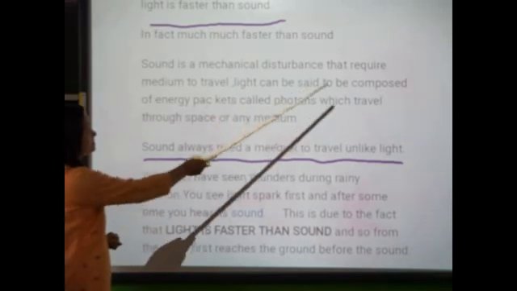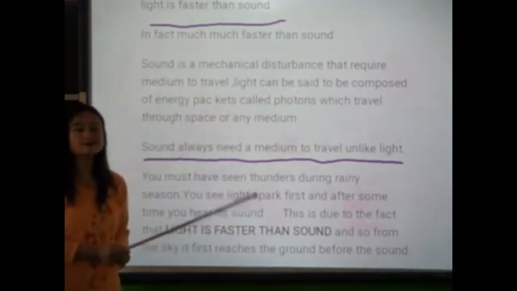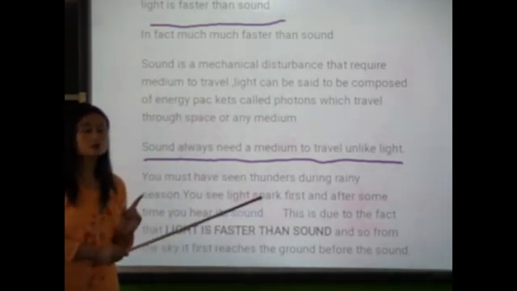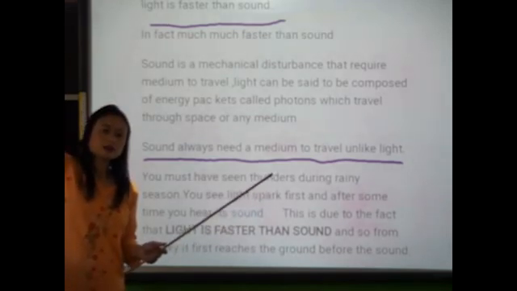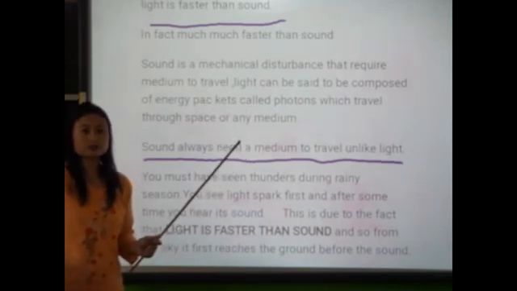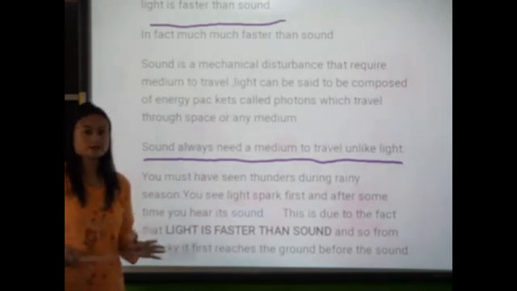Sound is a mechanical disturbance that requires a medium to travel. Light does not require a medium to travel. You know the rays of the sun. The sun is miles and miles away from the earth, and despite that, it reaches the earth in no time.